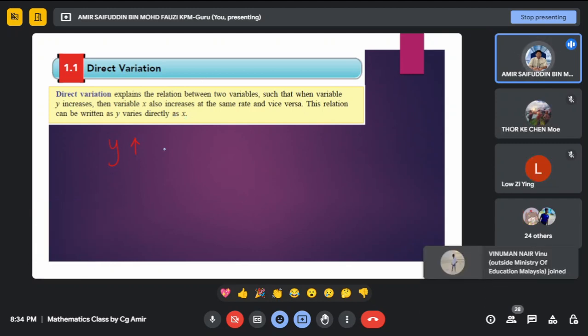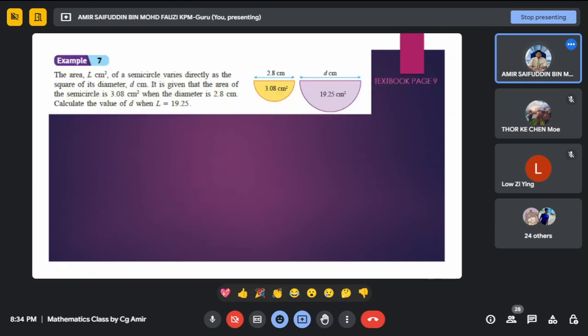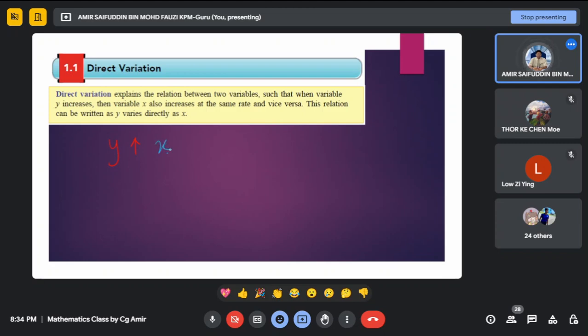If y is increased and x also increases at the same rate, that's what we call a direct variation. And vice versa, if y decreases, the value for y goes down, and the value of x also decreases at the same rate. This is a direct variation.